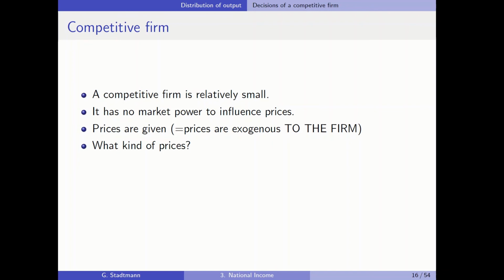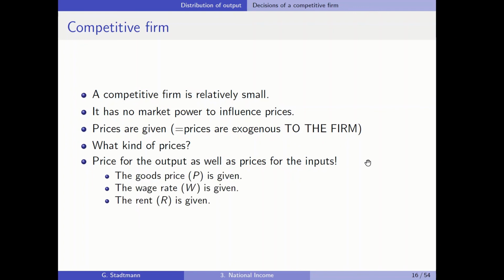What kind of prices are we talking about? We are talking about the price of output as well as the price of the inputs. So we are talking about the goods price P, which is given. We are talking about the wage rate W, which is given, and the rent is also given to the firm. The firm does not influence these kinds of prices.